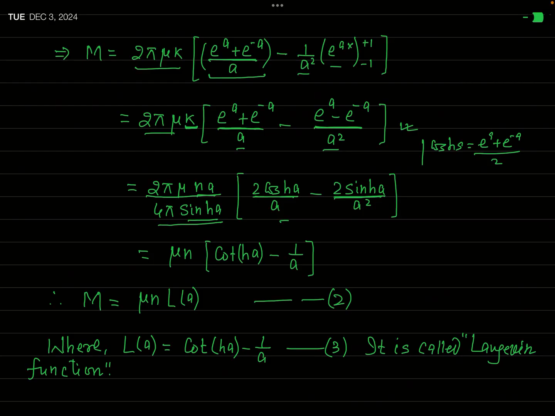Then this first term will be cosh a divided by sinh a, and that is equal to coth a. And in the second term sinh a will cancel out, and so this is only minus 1 over a. And when you take 2 as a common factor, 2 times 2 will be 4, and this 4 will cancel.